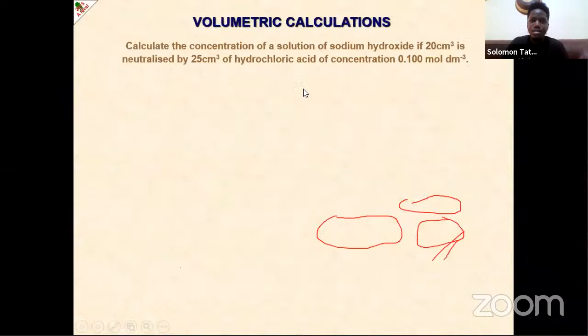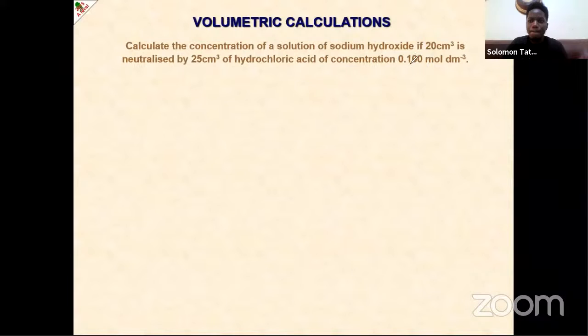Now let's look at this question, see what it has in store for us. Okay, Victor also says it's good. Okay, good. We have one here, another volumetric calculation. It says calculate the concentration of solution of sodium hydroxide. Remember, as you read the question, it's important you know what we are being asked, because you might make a mistake.